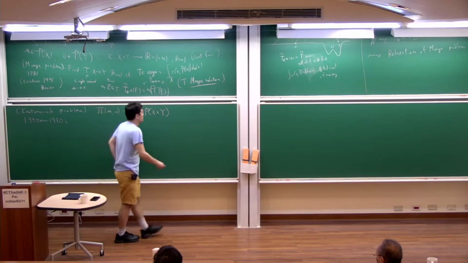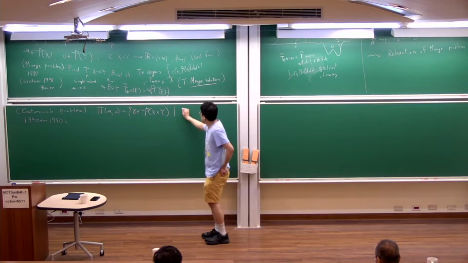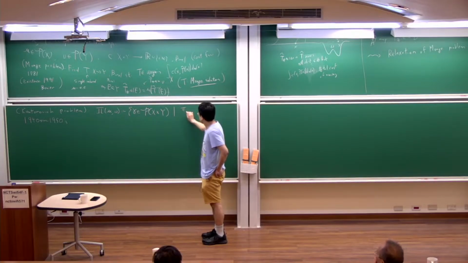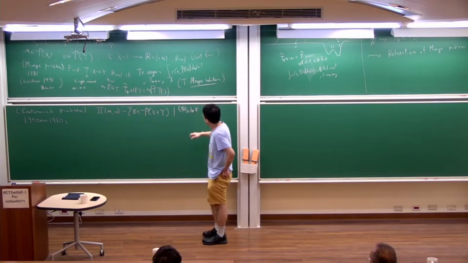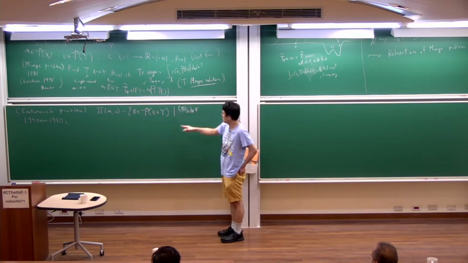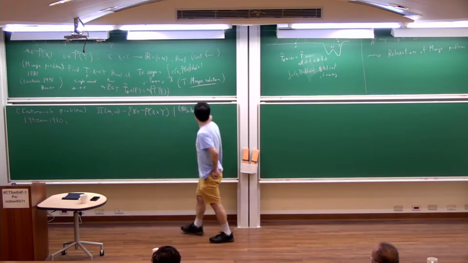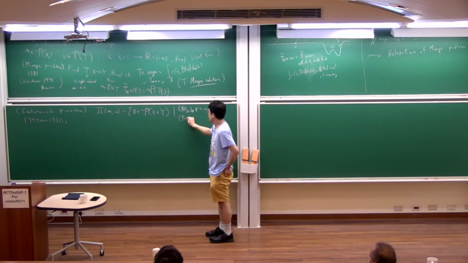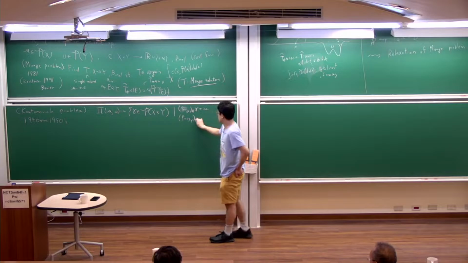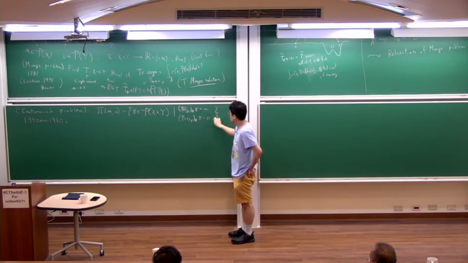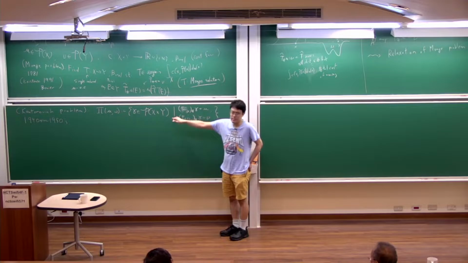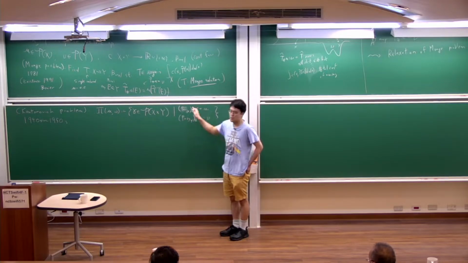And then this should have the properties that, if I say pi_x, the projection onto x, which is a map from the product to x, and I push this measure forward, this gives me a measure on x. I want this to equal this measure mu. And then I want the projection onto the second space to equal this measure nu. So in other words, the space of probability measures where the left marginal is equal to mu and the right marginal is equal to nu.